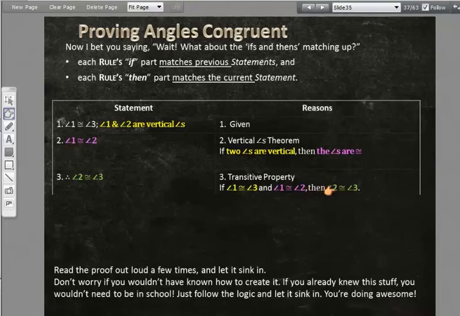Then angle 2 is congruent to angle 3, which matches up here. We had to have this in here because it's part of our given. That's why it's yellow, because it's part of the given up here. I probably should have just left it white, but it needs to be there. So you can see the transitive property.